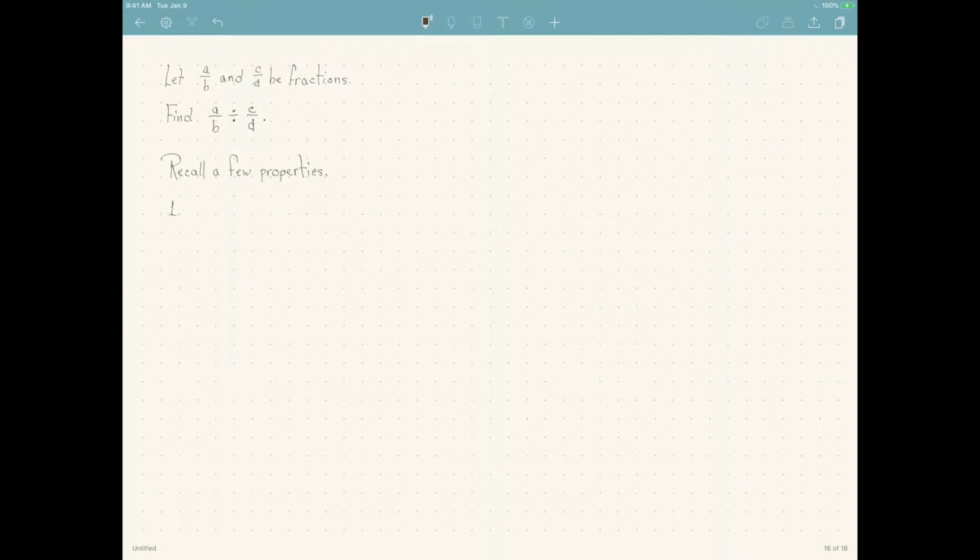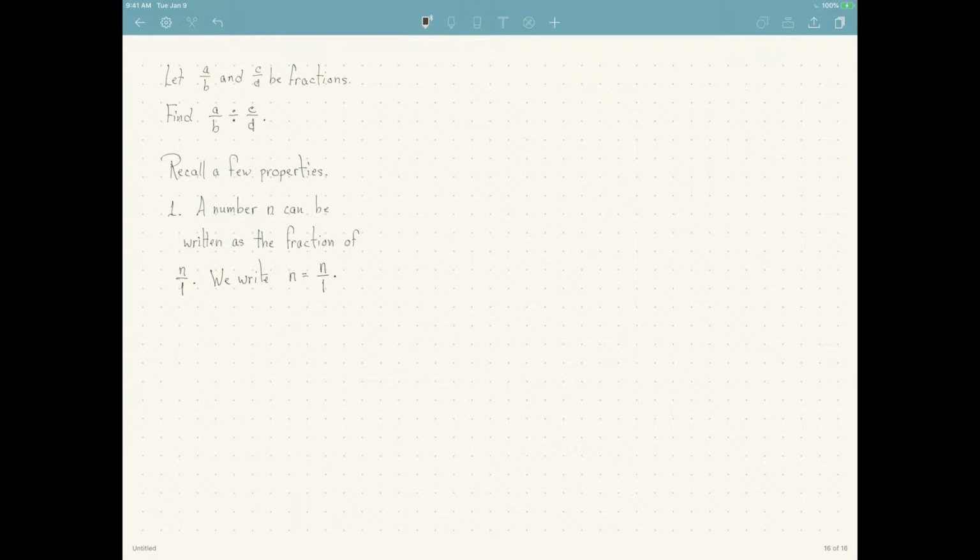The first property is that a number n can be written as the fraction n over 1. We write this mathematically as n equals n over 1, and now you can use those interchangeably.